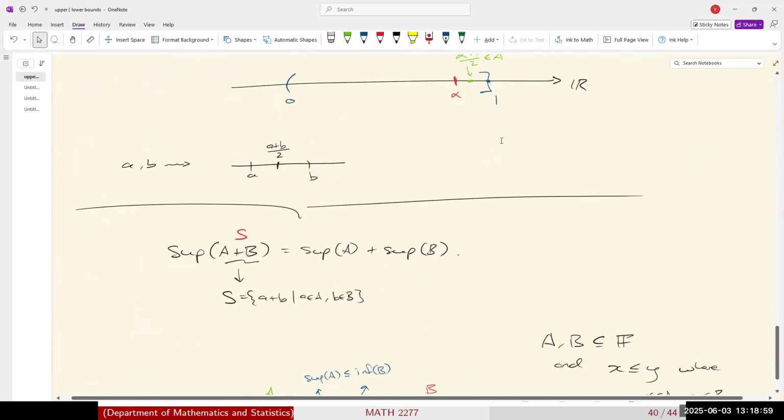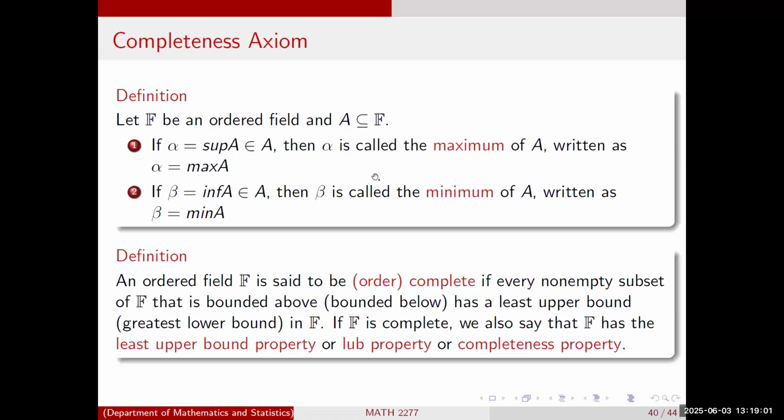Do I have any other examples? Not really. Okay, we just look at the definition. So the definition is saying let F be an ordered field, and we have some subset. If alpha, which is the supremum of the set A, is also in A. So once you figure out what the supremum is, and once you prove that it's the supremum, just check, is that number in the set?